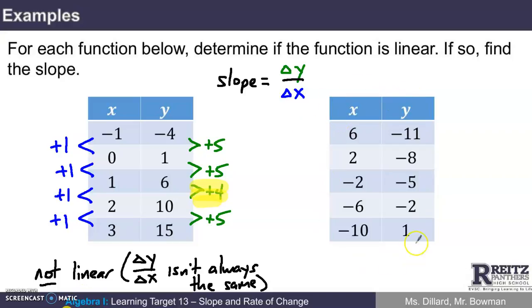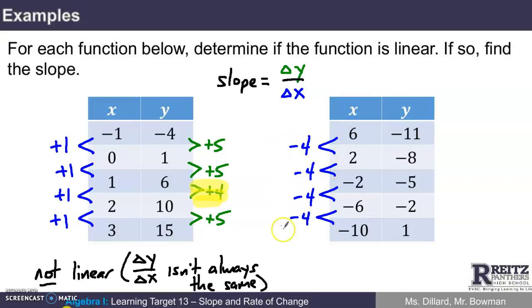Let's look at this last example over here. This is a little bit different too. How do I get from 6 to 2? I need to subtract 4. There's nothing that says that in your table the entries have to go from least to greatest as far as x's go. 2 minus 4 is negative 2. Negative 2 minus 4 is negative 6. Negative 6 minus 4 is negative 10.